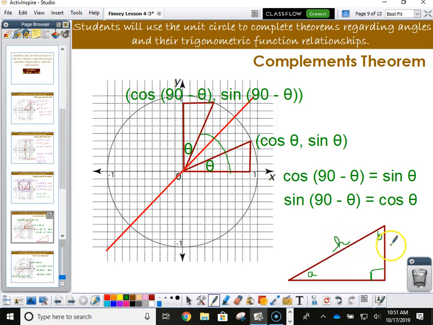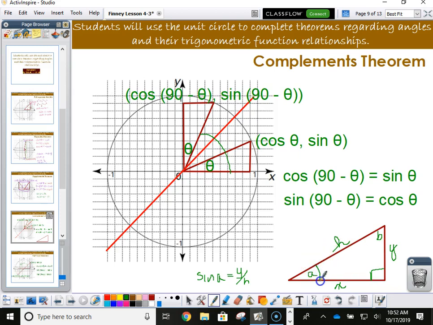This is our y coordinate. This is our x coordinate. If I ask you for the sine of A, the sine of A would be y divided by the hypotenuse, because it's opposite divided by hypotenuse.